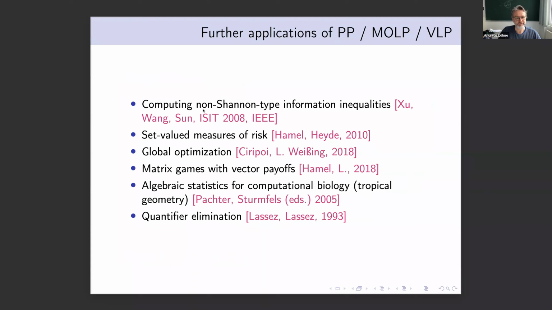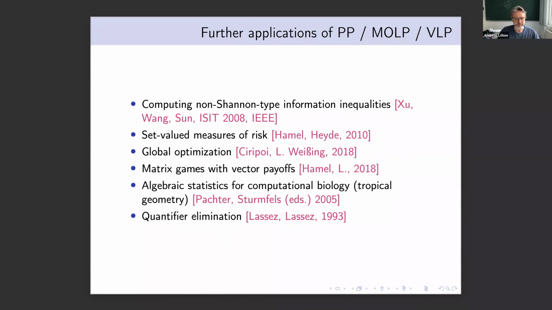Here is a list of other applications of polyhedral projection and also multiple objective linear programming: computing non-Shannon type information inequalities, which uses this projection. Set optimization, set-valued risk measures is one application. In global optimization, very similar ideas are used, and one also can use the multiple objective linear programming solver to solve certain global optimization problems.